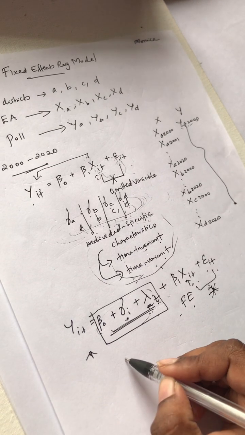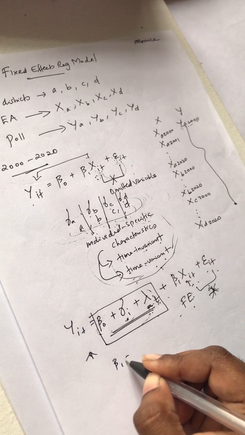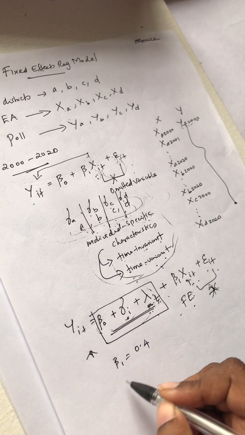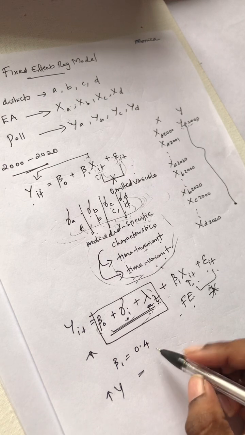So assume that after running the fixed effects model, we get a beta 1 value of 0.4.